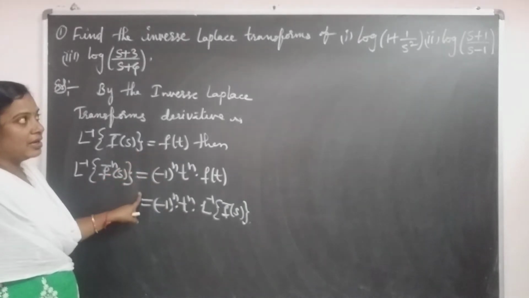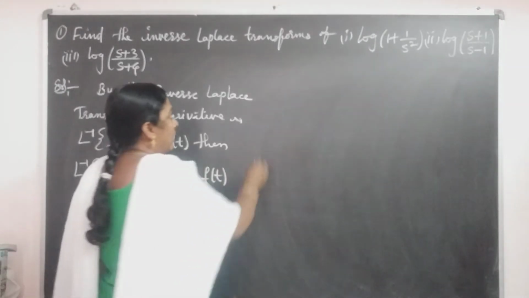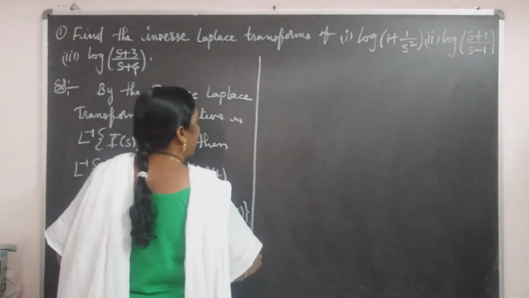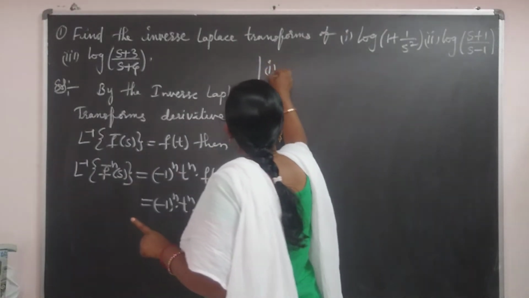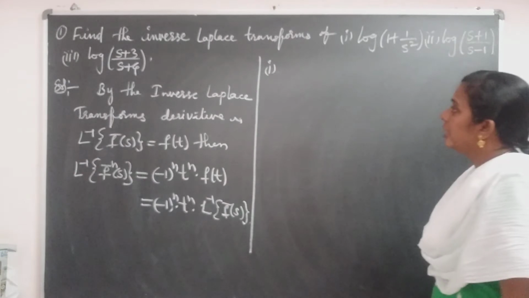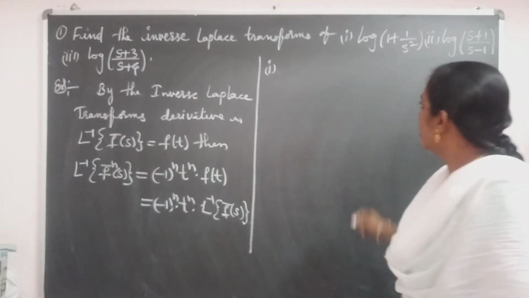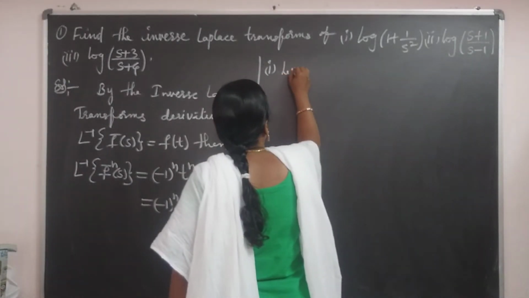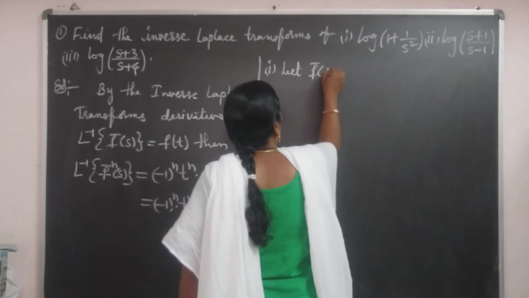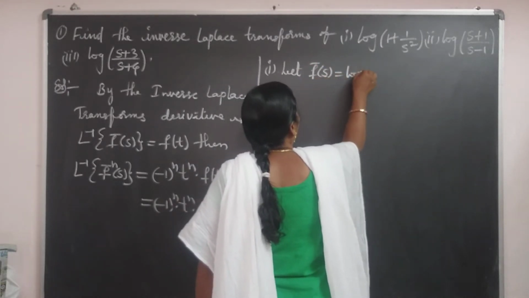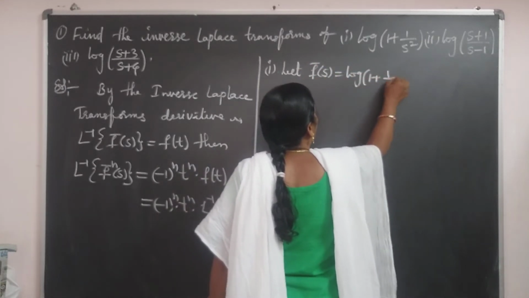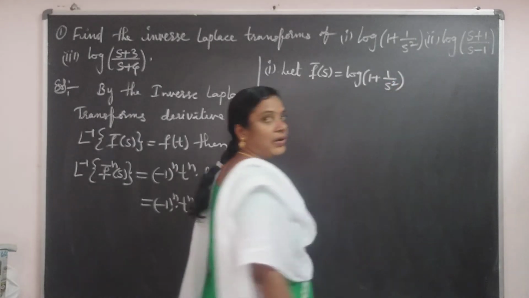That is the thing. Here I am taking the first problem and how we can solve the given problem's inverse Laplace transform. Okay. Here let f bar of s is equal to log of 1 plus 1 by s square.